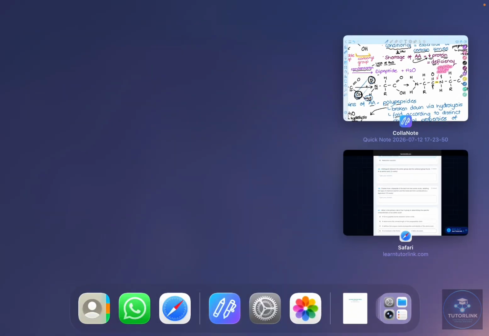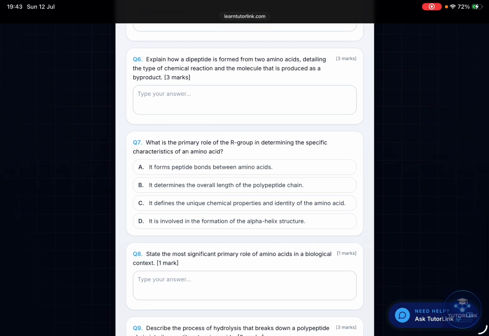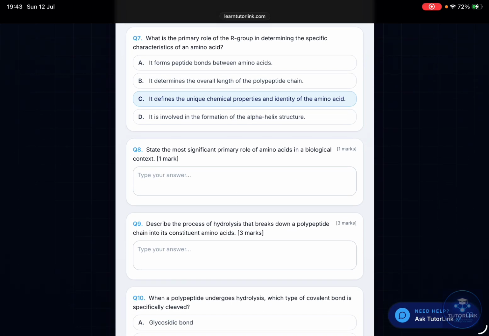You just have to draw the structure and explain that. What is the primary role of the R group in determining the specific characteristics of an amino acid? Like I said, it defines the unique chemical properties and the identity of the amino acid. State the most significant primary role of amino acids in a biological context. Amino acids are the building blocks of proteins.